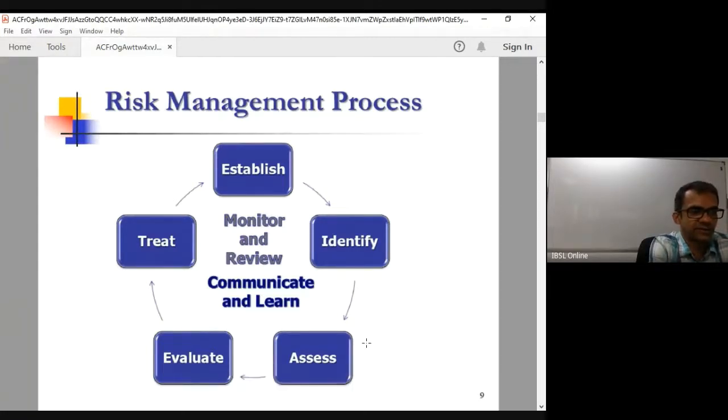So, though risk management has been there for decades, I think after the 2008, 2009 crisis, a lot of theories, procedures, measures and risk management practices emerged because people learned from the events that happened in the 2008 and 2009 global financial crisis.